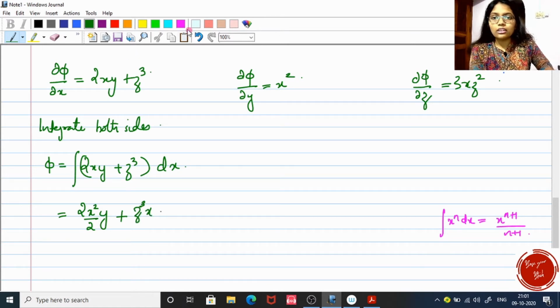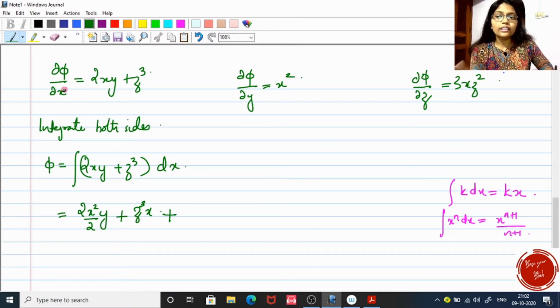Why? Because of the other formula, integral k dx is equal to kx. So the integral of z cube dx is simply z cube x. Now the integration part is not yet over. Why? Because we have to add an integration constant. So let that be a function. Why? Because this function phi contains three variables x, y and z, and we have integrated with respect to x, or we have taken the derivative with respect to x alone.